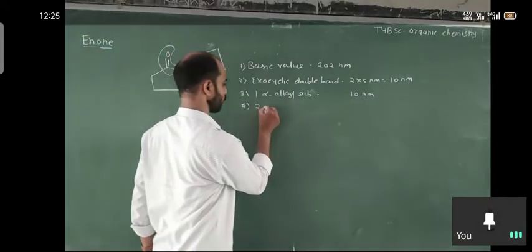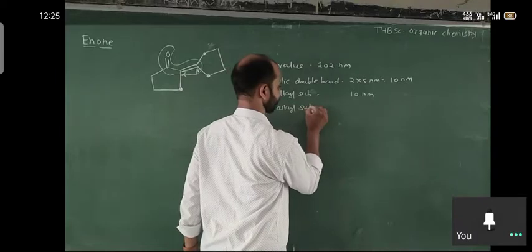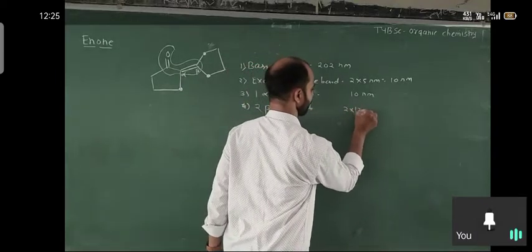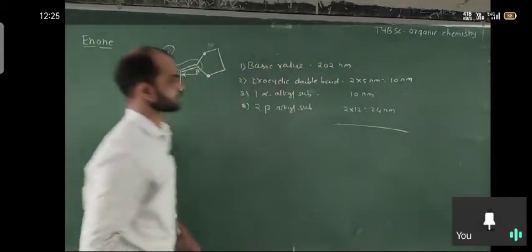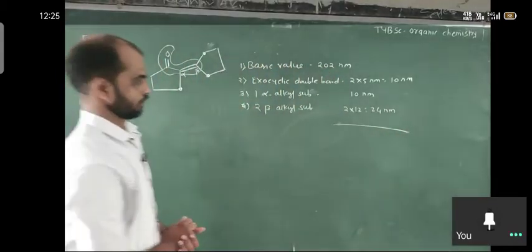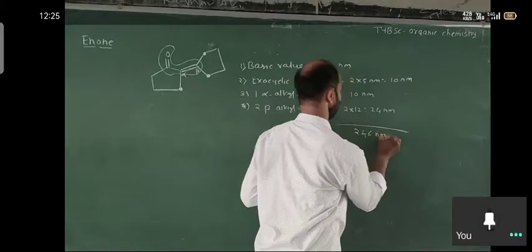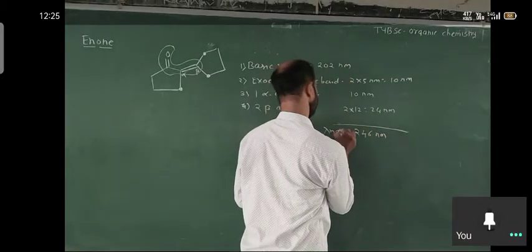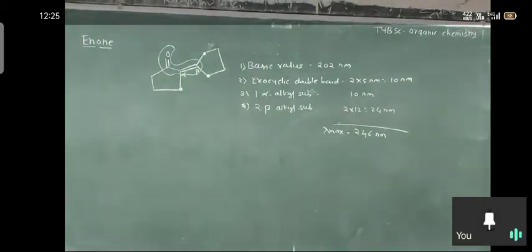So 2 beta alkyl substituents, so 2 into 12, total 24 nanometer. So the total is 246 nanometer. Lambda max is 246 nanometer, the maximum wavelength.